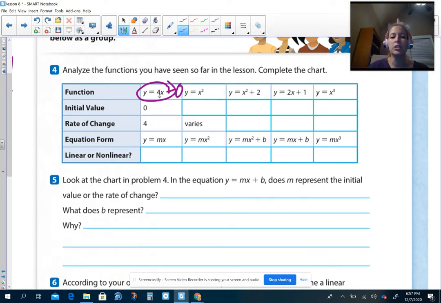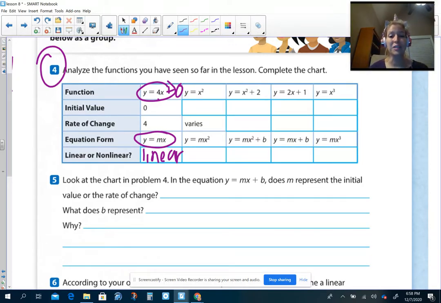My rate of change is 4. That's what I'm multiplying by my x. Here's my equation. Is it linear? Well, yeah, it is linear. Because do I have any exponents? Nope, so my line will be straight. Okay, pause my video and go through number 4. Pause now.